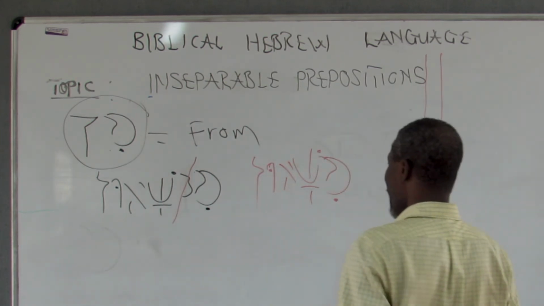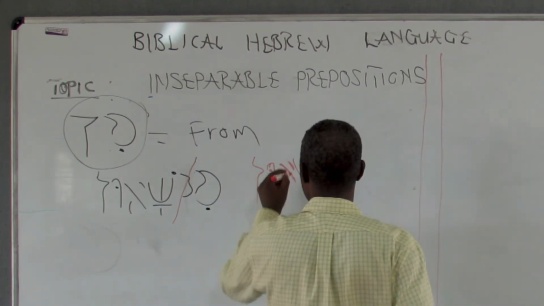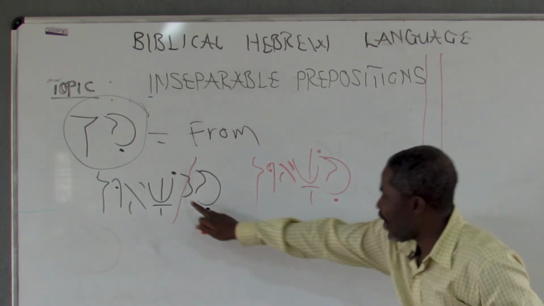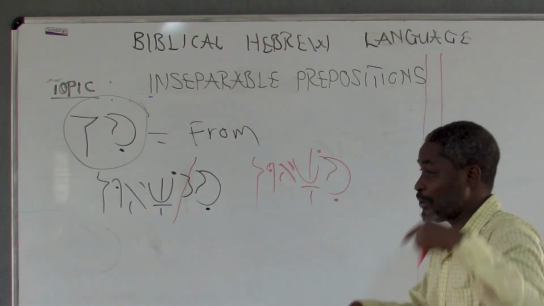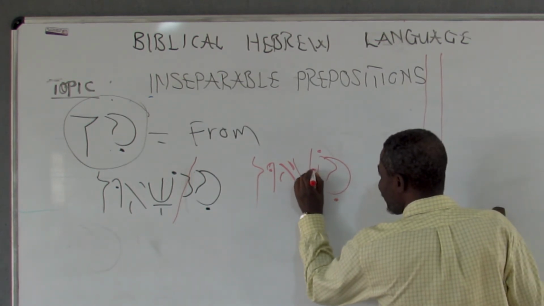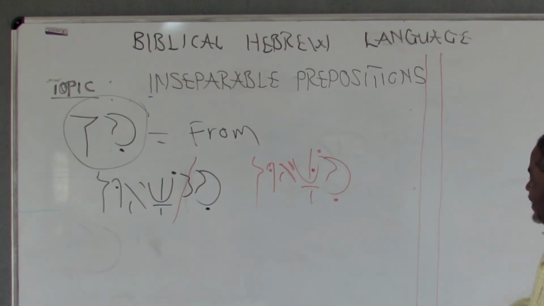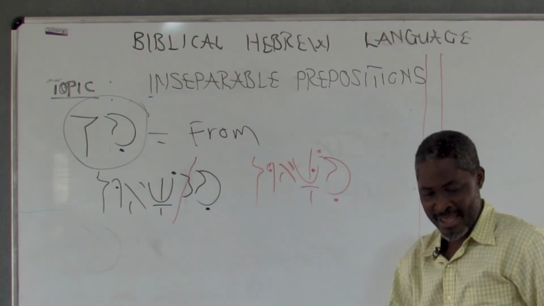But how do you do this? Min Shaul. Once this nun is dropped, it has to be compensated for, just like the principle we have used in the past. You put a dagesh forte compensative here, and it doubles this letter. So instead of min Shaul, you have me-Shaul.